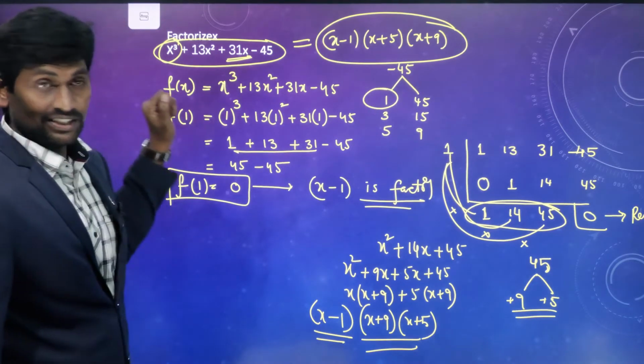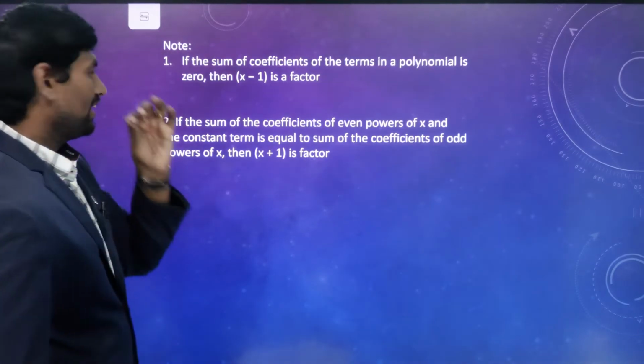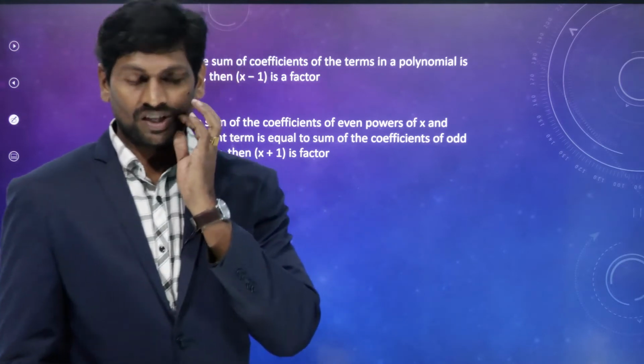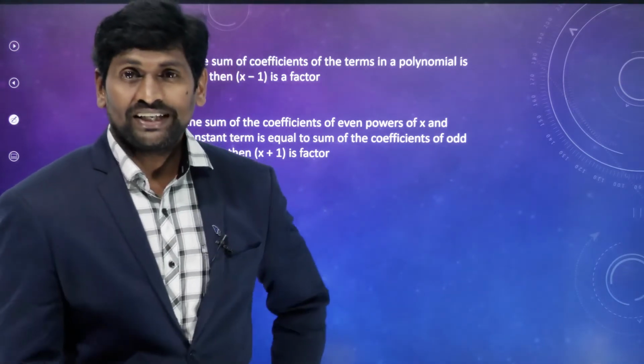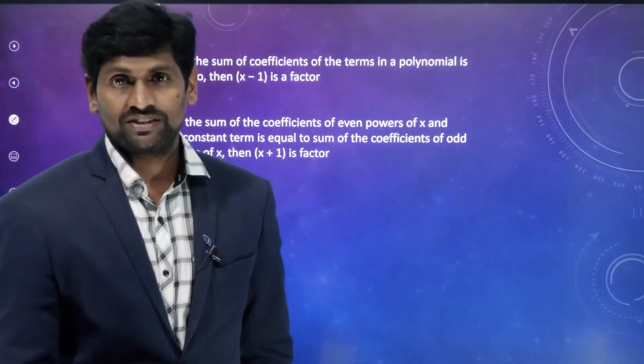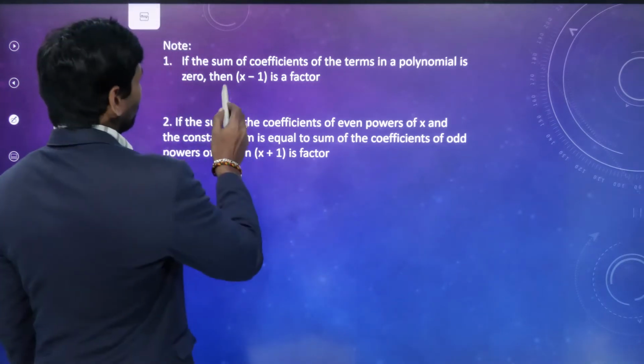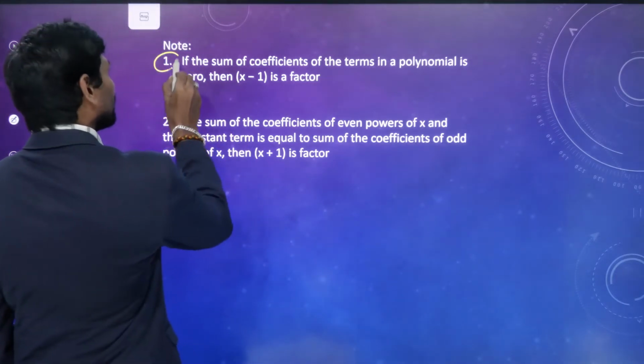Okay, let us go to the next concept. So usually we take the constant term and write all its factors, right? Instead of finding all the factors, we have one of the methods here.